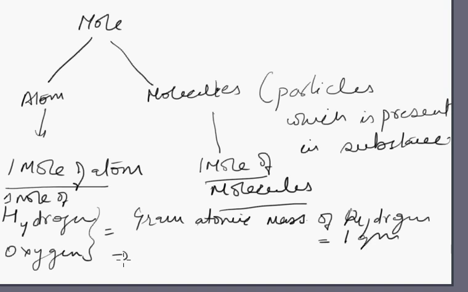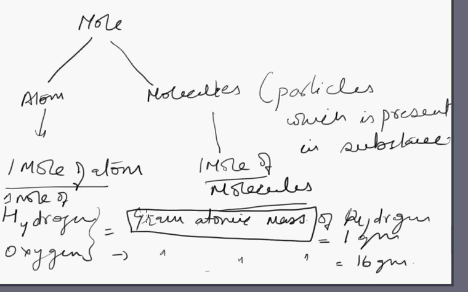Gram atomic mass of oxygen is 16 grams. Now, what is gram atomic mass? This is nothing but the numerical value of atomic mass, which is just converted from the unit u into grams.